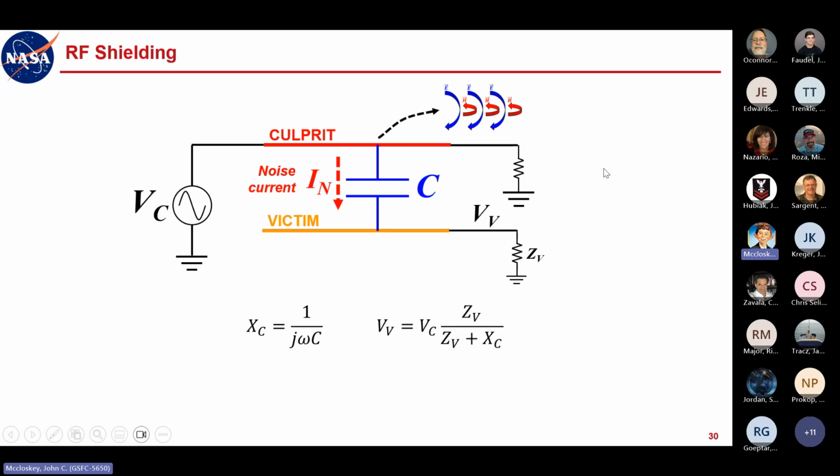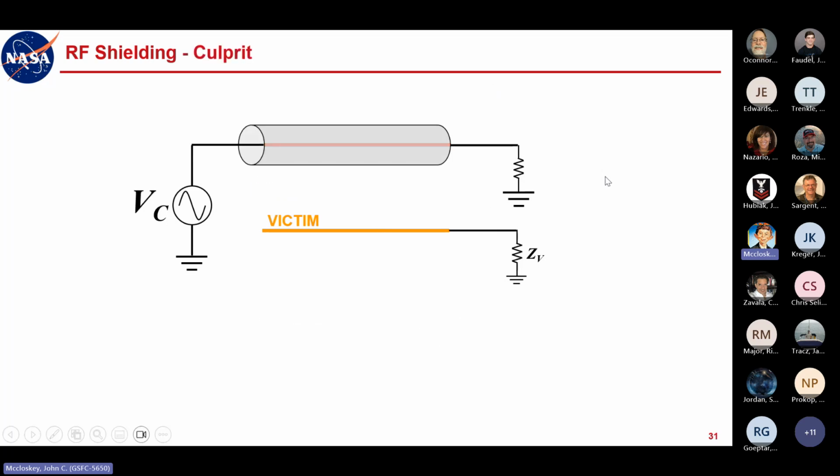So when you put a shield around your culprit, what is that doing? You're providing a path for that noise current to divert it away from your victim. It's not making the noise current go away. It's just providing an alternate path.